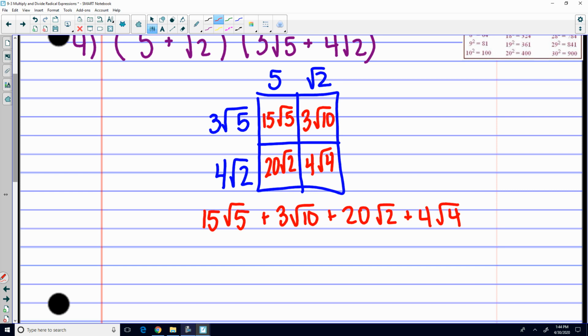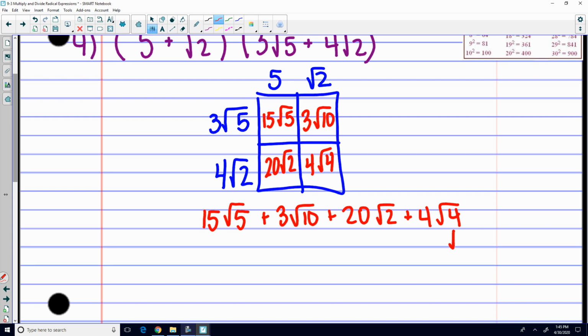Square root of 5, can't simplify that down. Square root of 10, cannot simplify that down. 20 square root of 2, cannot simplify that down. But the last one I can simplify down. So let's go ahead and do that.